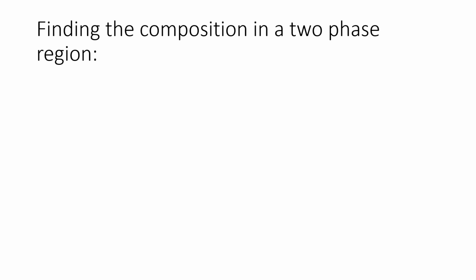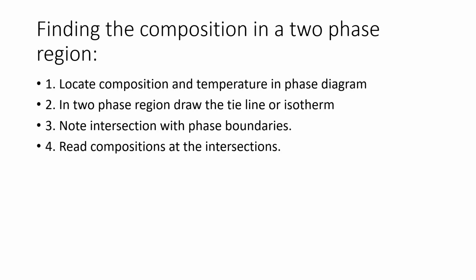How do we find the composition in a two-phase region? Locate the composition and temperature in the phase diagram. In the two-phase region, draw the tie line or isotherm. Note the intersections with the phase boundary. Read the compositions at the intersections.